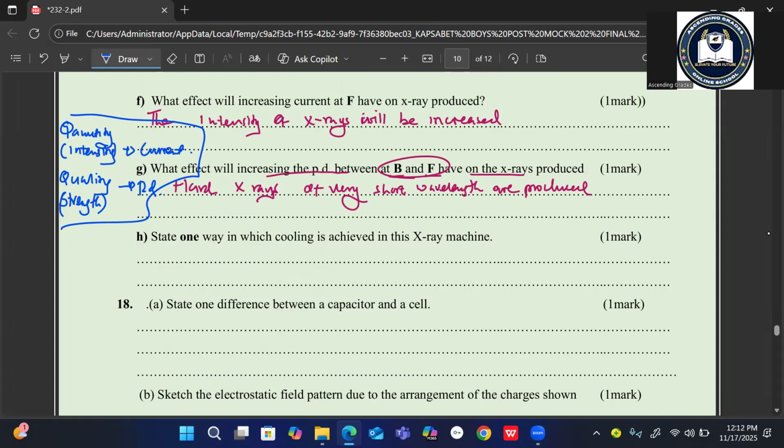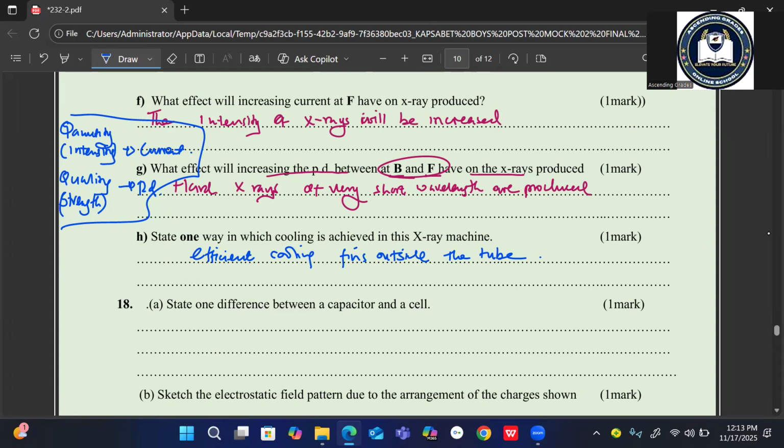State one way in which cooling is achieved in an X-ray machine. From the diagram, we have seen cooling fins. So we have efficient cooling fins outside the tube.